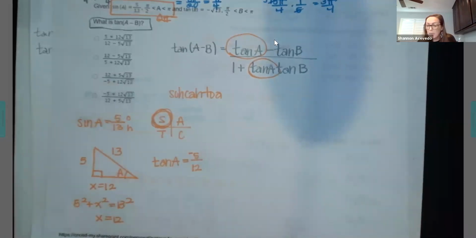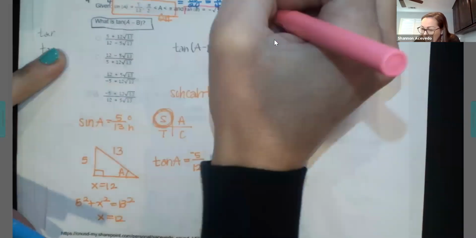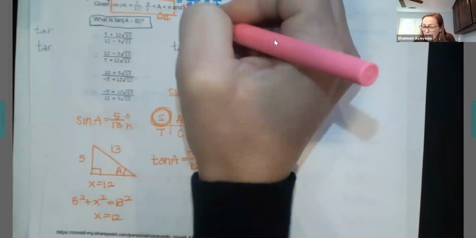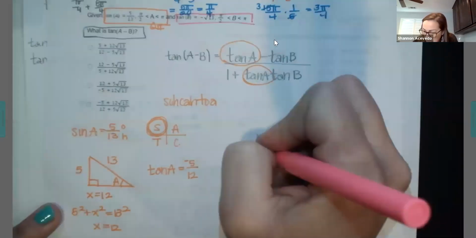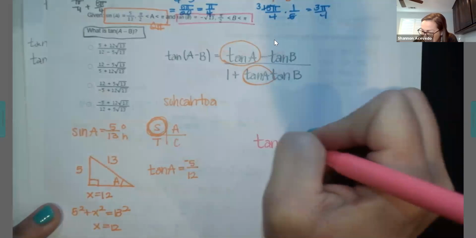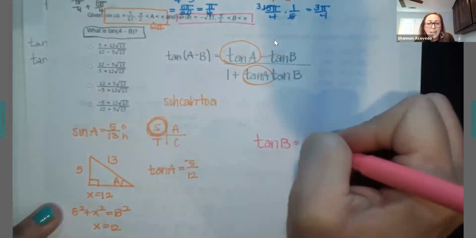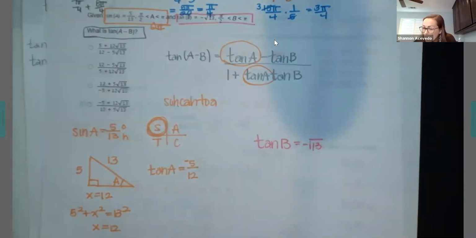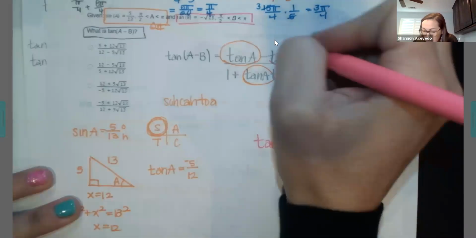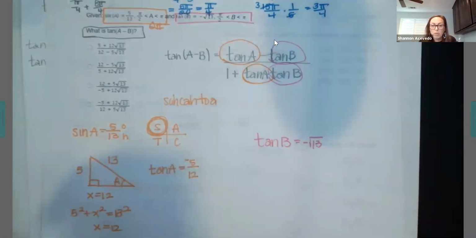Same idea with my tangent of B. Oh, look, they gave it to me: tangent of B is negative square root of 13. I didn't even need a triangle for that one. Now I know my tangent of B value.